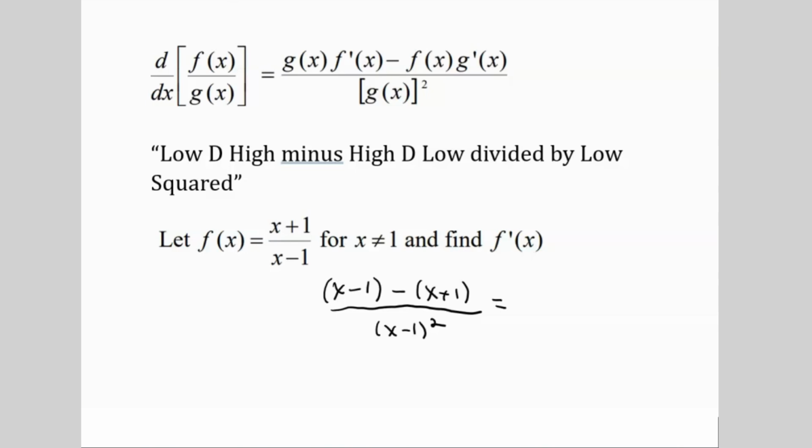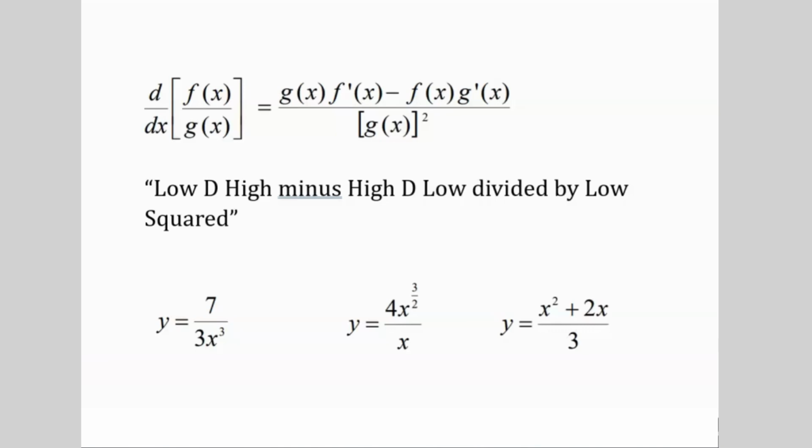So we simplify the numerator, and we're going to distribute the negative 1 over x minus 1 squared. The x's are going to cancel, so we would get negative 2 divided by x minus 1 squared for f prime.